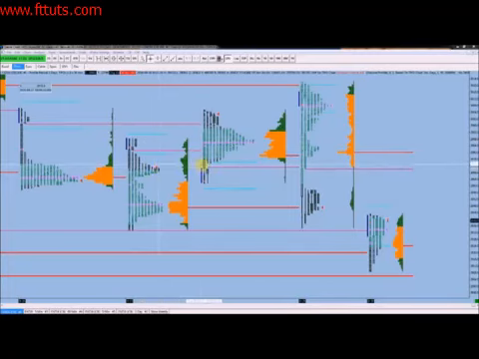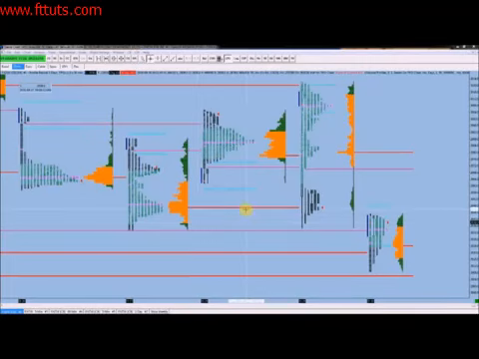Therefore, the next day, the value area high was significant support. Had the market come back into value and closed back in value, there is another principle that says we will drift back to yesterday's full value area.